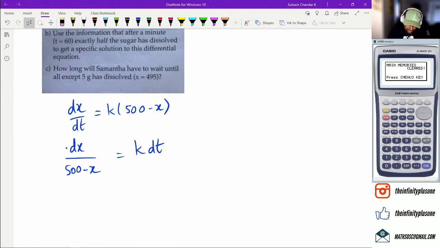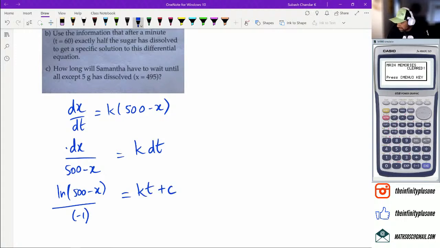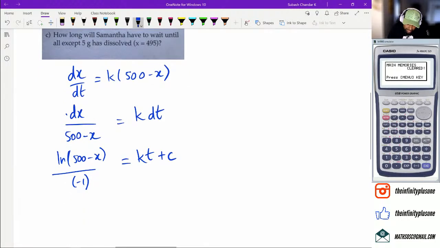Once you do this, you can integrate: ln of 500 minus x divided by negative 1 equals kt plus c. At this point, I'm going to get rid of the negative 1. So I'm just going to write this as ln of 500 minus x equals negative kt plus c.